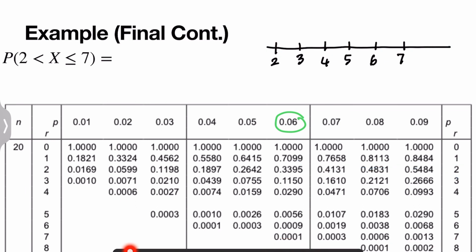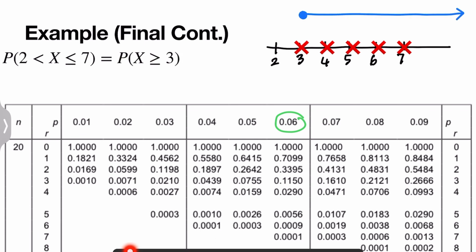Probability x is greater than 2 and x less than or equals to 7. Not include 2, but include 7. So what do you think? Kita nak apa? Kita nak 3, 4, 5, 6, 7. What are we going to do? So kita akan ambil probability x greater than or equals to 3 akan tolak dengan selepas 7 apa? 8.